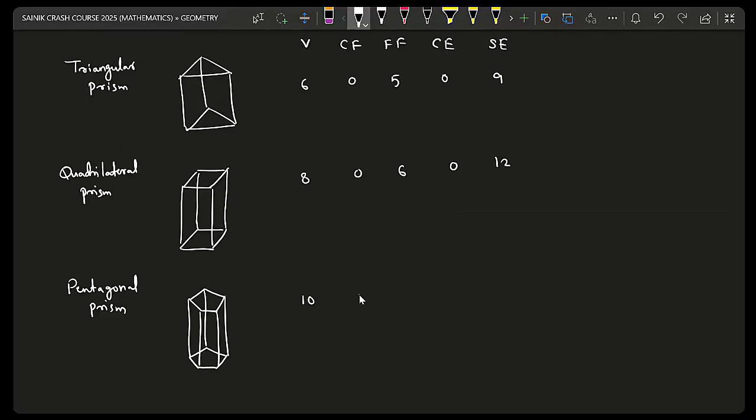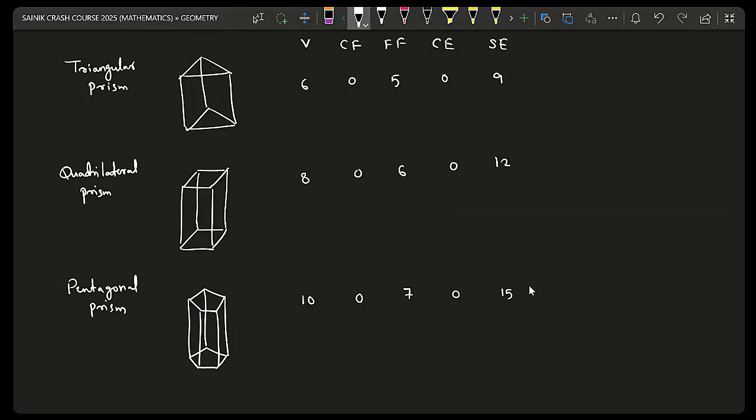Curved faces: none. Flat faces: top 1, bottom 1, and side 5, total 7. Curved edges: there are no curved edges, 0. Straight edges: top 5, bottom 5, and lateral 5, total 15. Like this we can take more sides also: hexagonal prism, septagonal prism, and so on. These are the first few: triangular, quadrilateral, pentagonal. You can continue from hexagonal also.